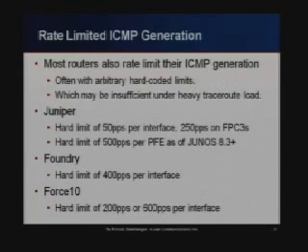And the other issue is that most routers rate limit their ICMP generation in some way. And the bigger problem is that they do it with hard-coded values which are not published. For example, Juniper has a hard-coded limit of 50 packets per second per interface, depending on the type of FPC or the type of router, and they've upped the limit in newer code, but it's still a hard-coded limit that you don't know and don't have any ability to configure.